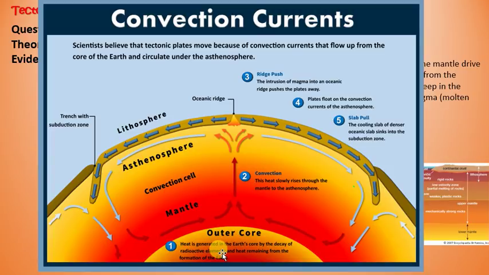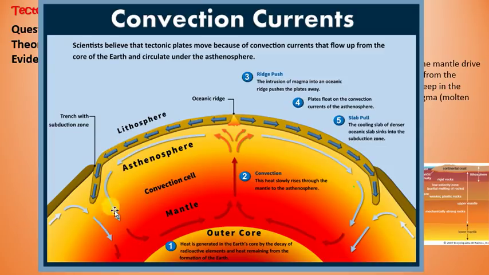Just like if you've got the heating on in your house and it's lovely and warm, and then somebody opens the front door, you get movement, don't you? The heat rushes out and the cool air rushes in. It's a similar idea. When you've got a heat gradient, hot, not so hot, then you're going to get movement. So the heat rises through the mantle into the asthenosphere and causes convection currents in the mantle.